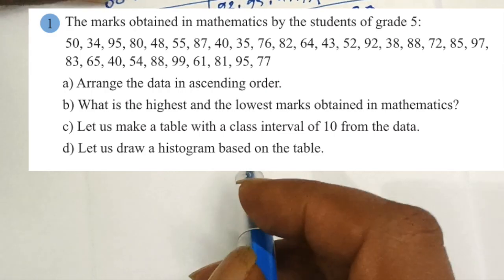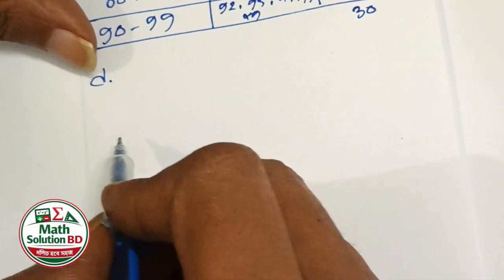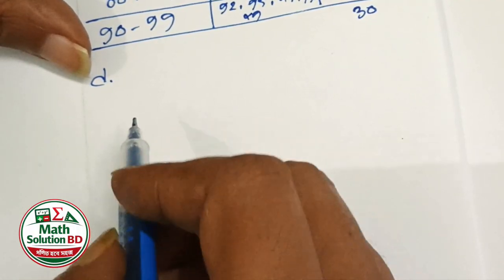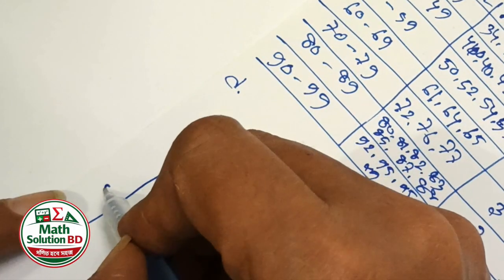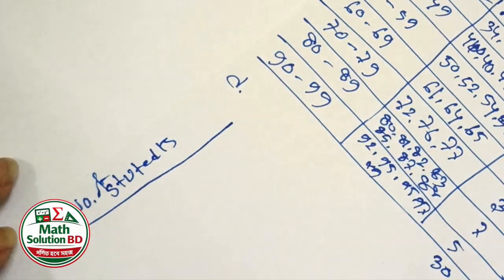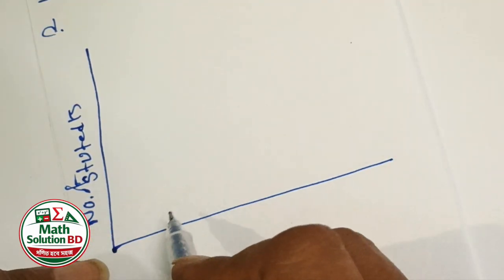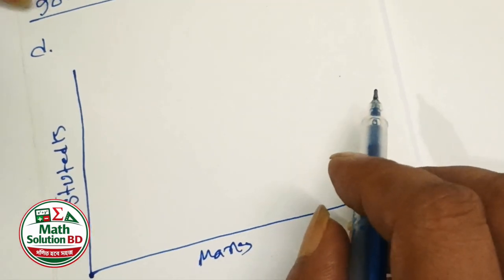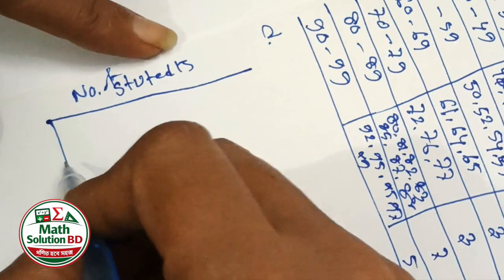They tell us to draw a table and put all of the information in this diagram. On one side, the number of students, and the range of marks, then marks we can decide this way.